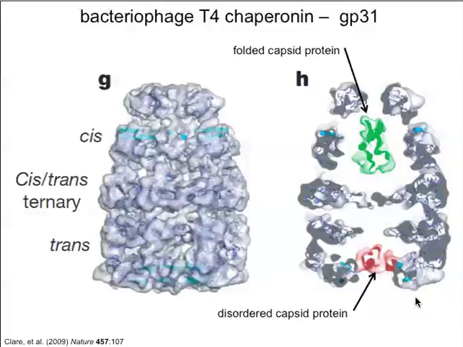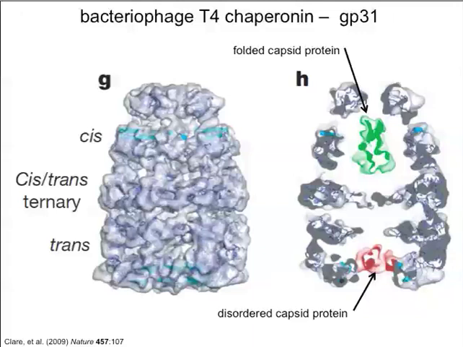I wanted to show you this cartoon of the chaperonin gp31, gene product 31, from the bacteriophage T4. Now we're not looking at a bacterial chaperone, we're looking at the chaperonin from a bacterial virus. For those of you that aren't aware of the bacteriophage, they are bacterial viruses.